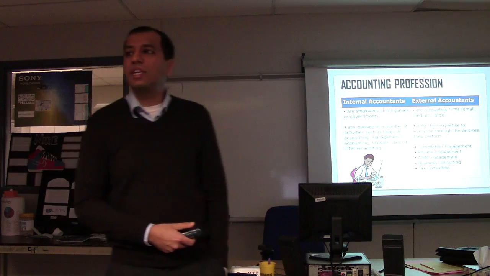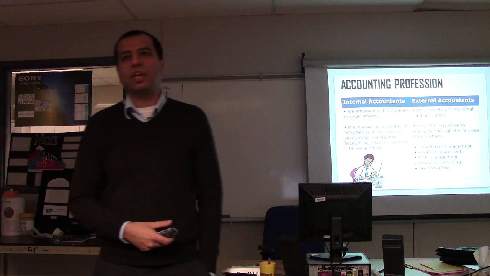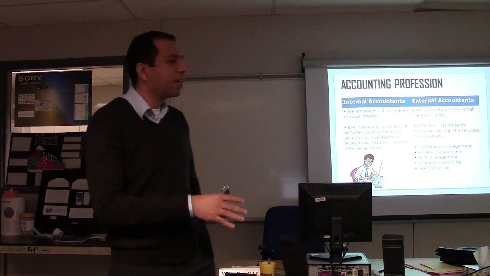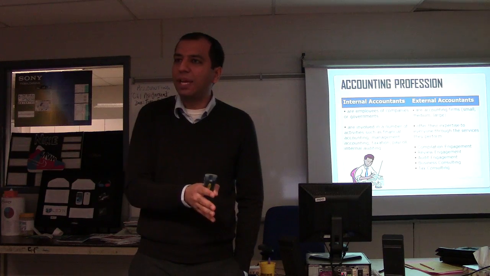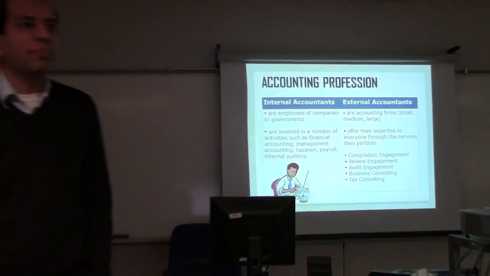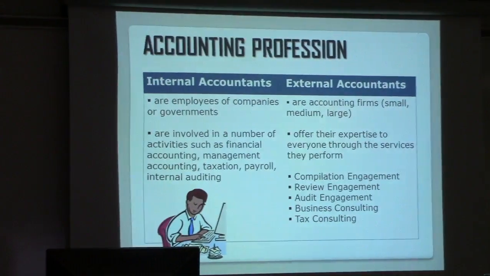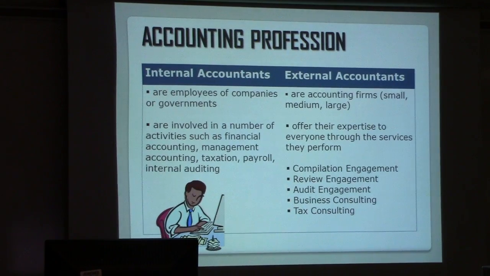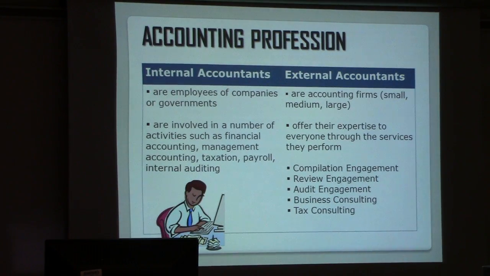So there are internal accountants and external accountants, and we talked about this yesterday as well. Internal accountants are those people who work for a company. External accountants are those people who are outside the company but help the company prepare all the bookkeeping, all of the financial statements, and all of the accounting. There are 5 types of services that external accountants offer.